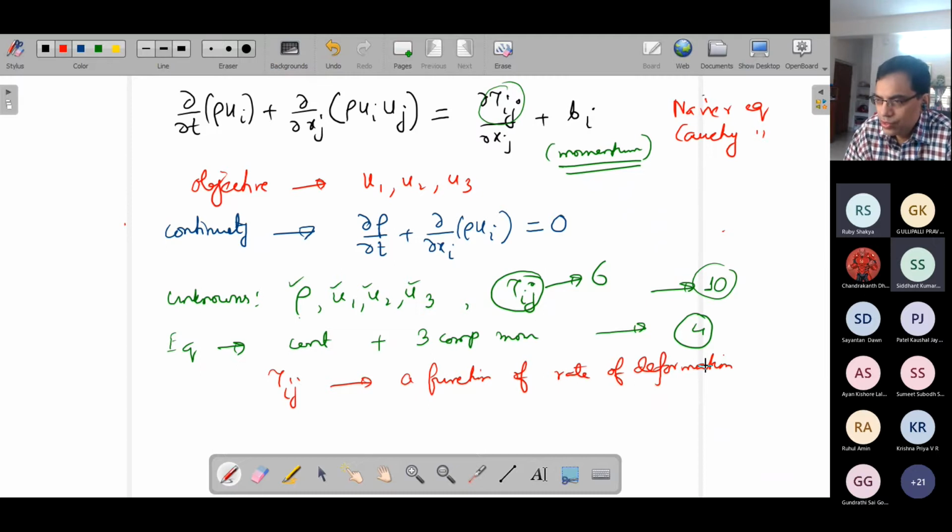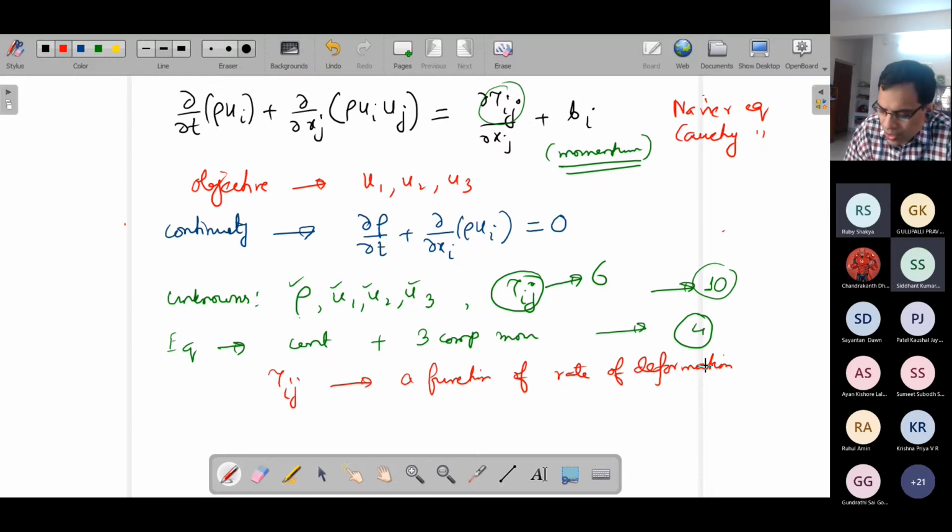For a classical fluid, the stress is a function of the rate of deformation. For several materials which are sort of fuzzy between fluid and solid, this could be a function of both the deformation as well as the rate of deformation. But we are not considering that here. We are considering a classical fluid scenario where it is just a function of the rate of deformation.